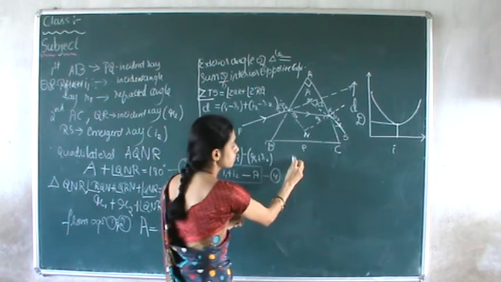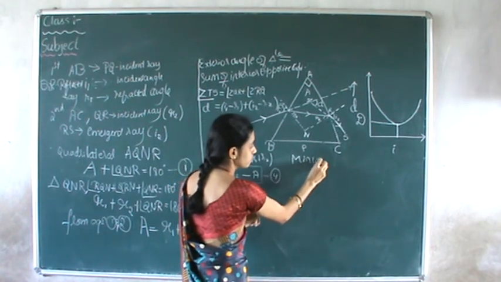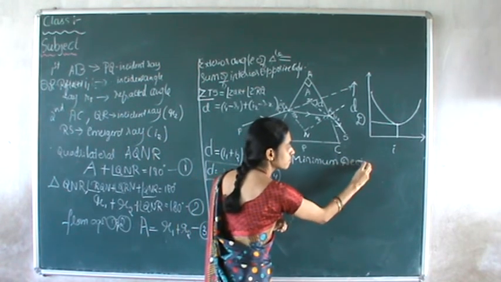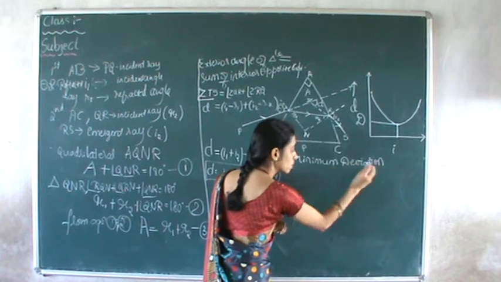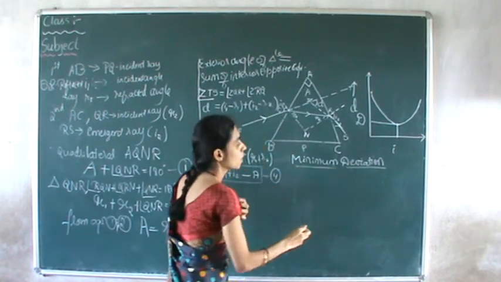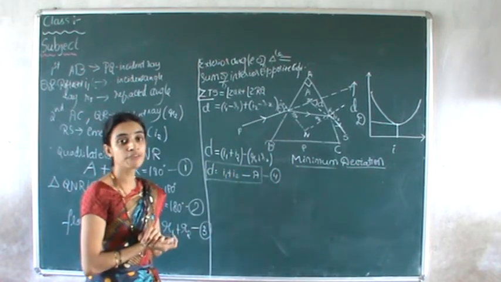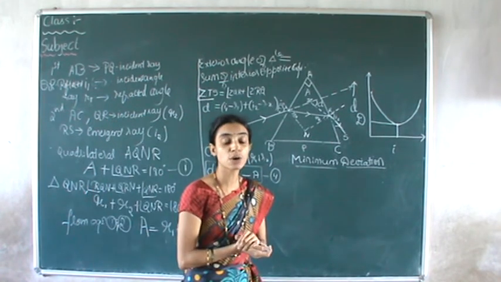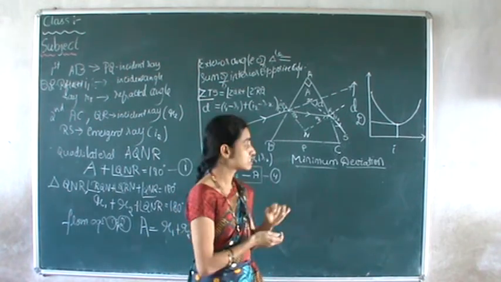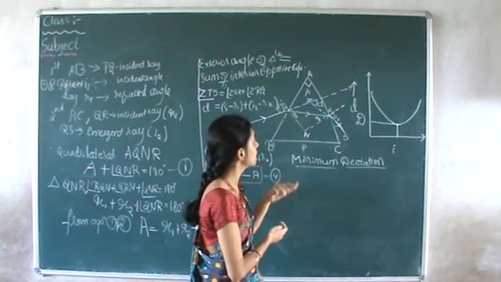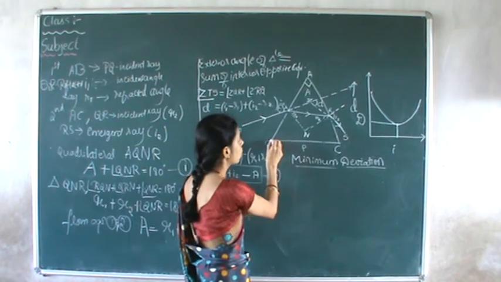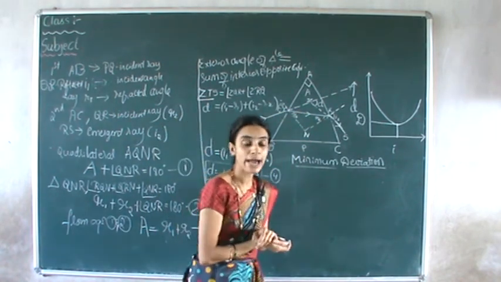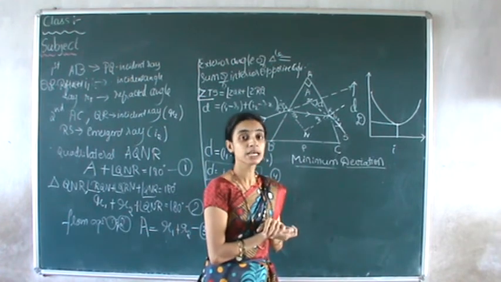Minimum deviation is obtained when the angle of incidence is symmetric to the base, and the ray inside the prism will be parallel to the base of the prism.